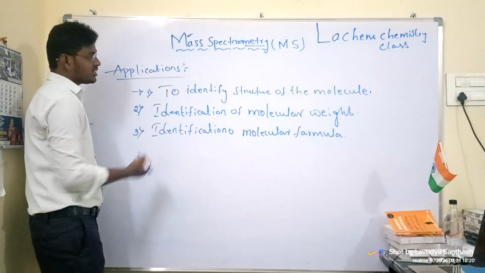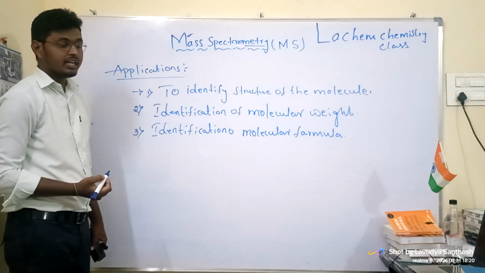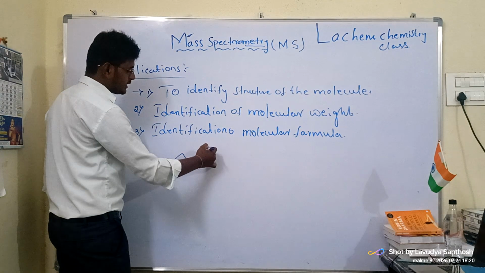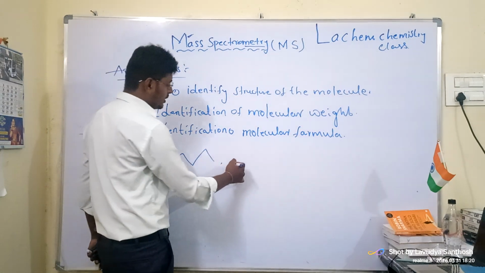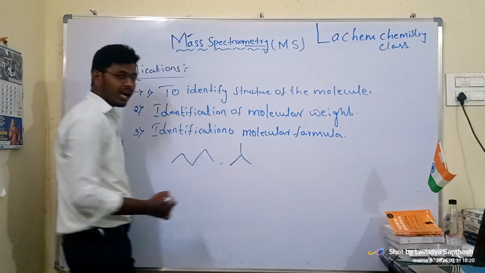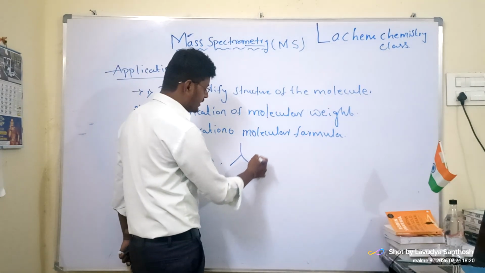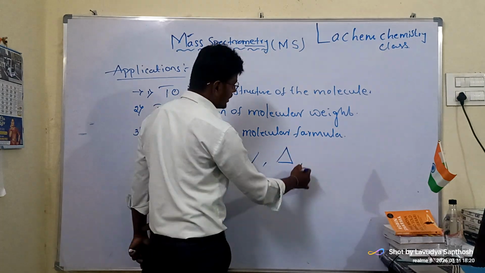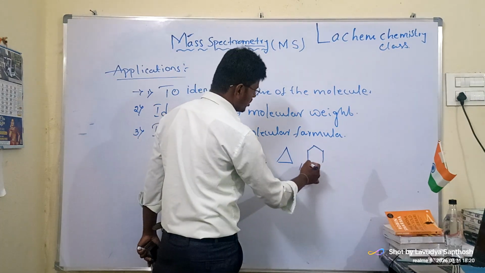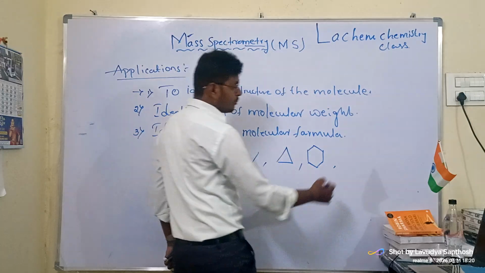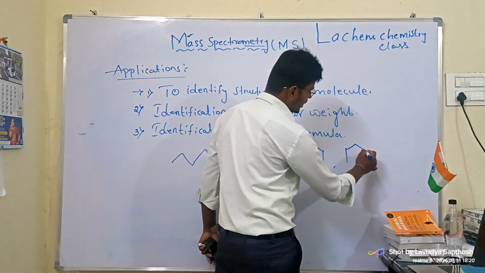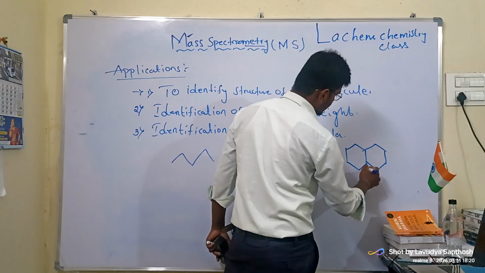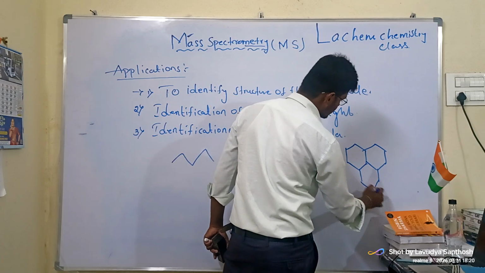Now, in identification of molecular structure, it can be a skeleton structure, it can be a branched skeleton, it can be a cyclic molecule, it can be a polycyclic molecule.